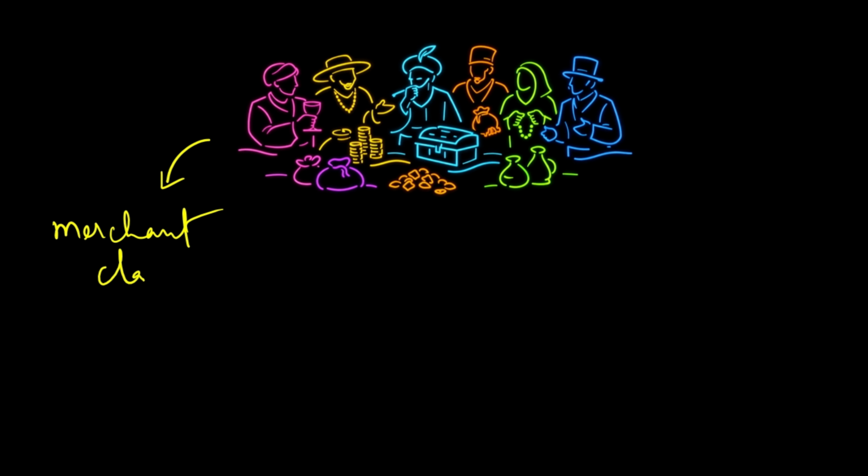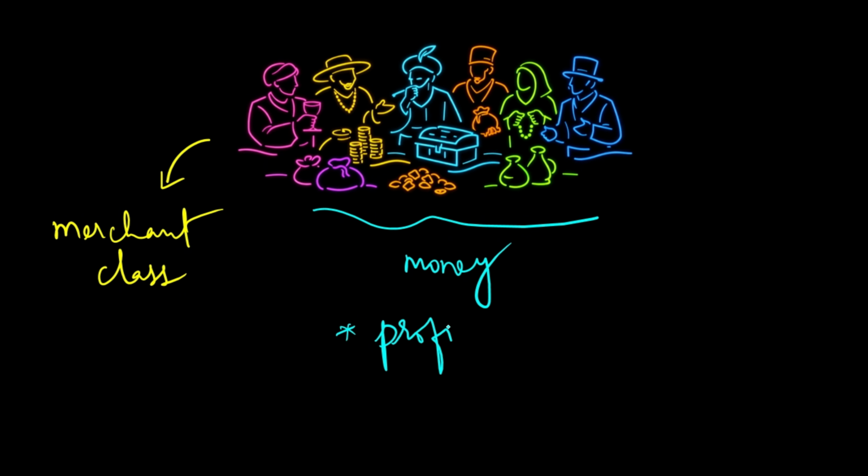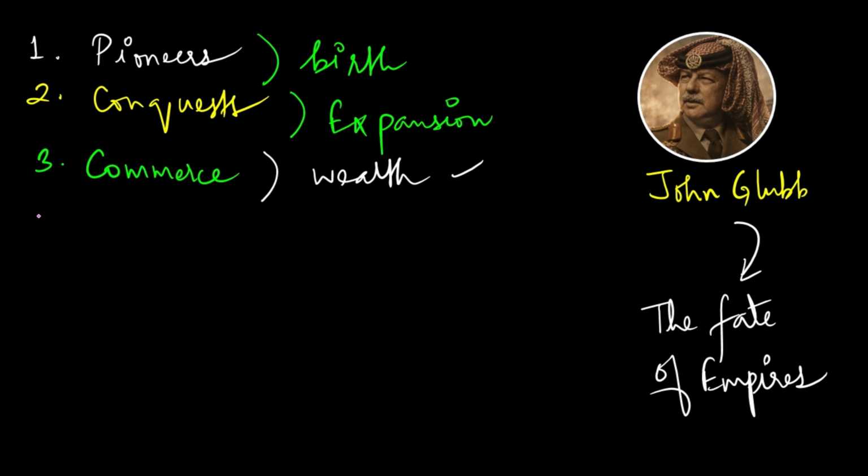According to Glubb, this is where a major transformation begins. Once money enters the equation, a significant change can be observed. Societies that once valued discipline, sacrifice, honor, and duty now begin to value profit more highly. Exploitation of resources and labor starts increasing in pursuit of profit. These are the characteristics of the third stage, the commerce stage.